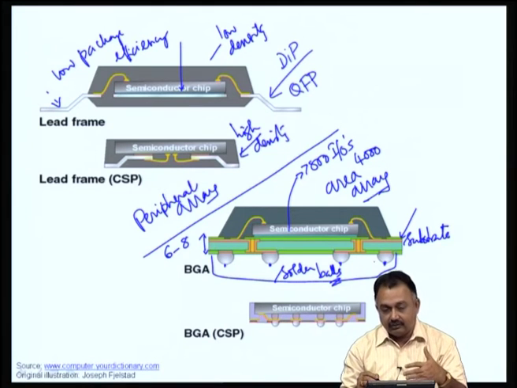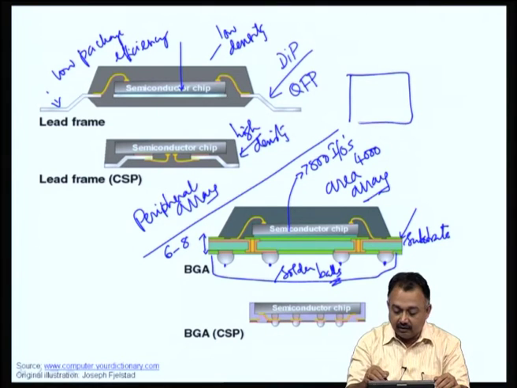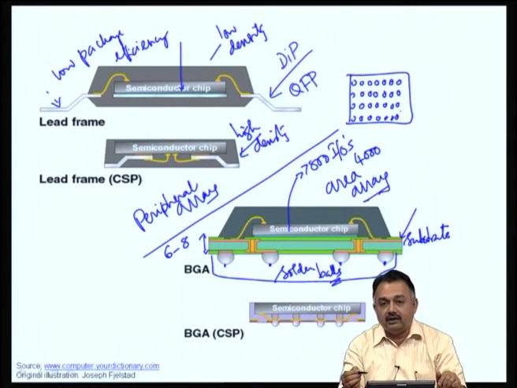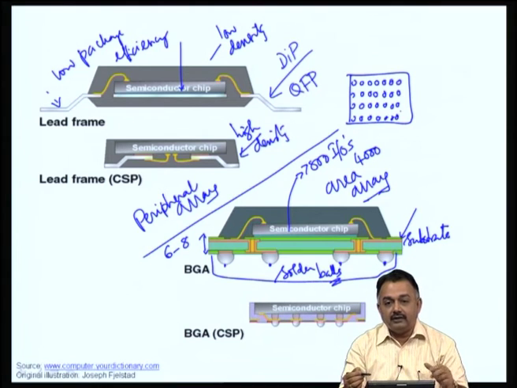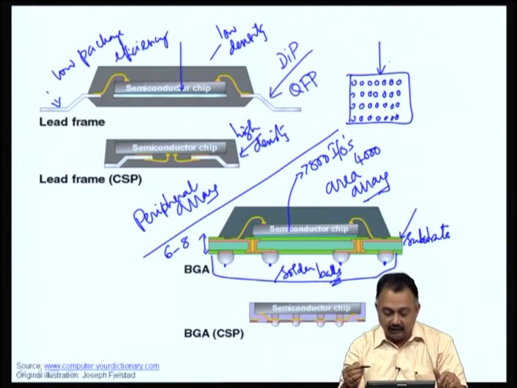You must imagine this to be a continuous matrix. So, if I can draw a picture of the bottom side of this chip, you will have a lot of solder balls. Because you are using this technology, you are utilizing more area under the die, the number of IOs will increase, and therefore, the package density is very high.